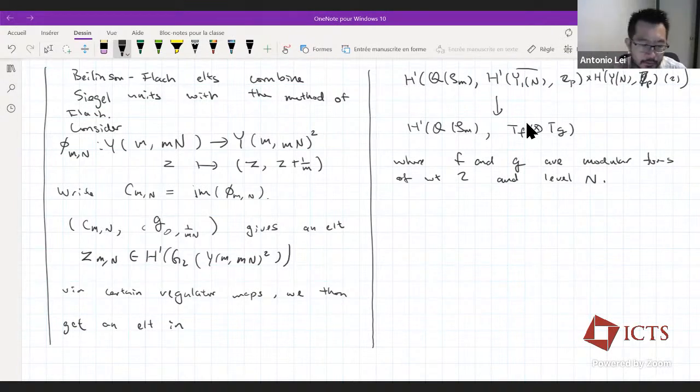Except that here we are trying to define an Euler system, so we need to do a little bit more work than just constructing these elements.